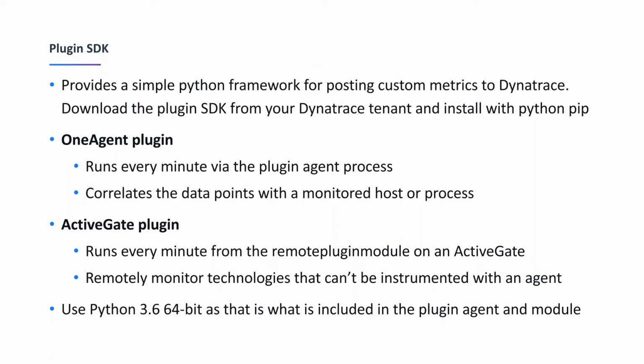The question that just came in, just to clarify, basically the difference here is if you are in control of a machine, if you can install a OneAgent on a host, but you want to get additional insights into certain things that run on the host that are not picked up in all the detail you want by the OneAgent automatically, you would write a plugin that runs within the OneAgent itself on the host, right? Yes.